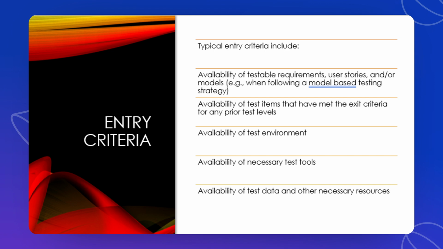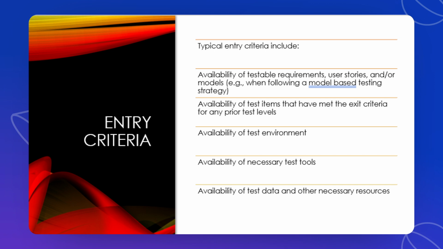When we talk about entry criteria, we know it is written in the user story. In the user story, we write the entry criteria and exit criteria. Typical entry criteria include availability of testable requirements, for example user stories, or models if we are following a model-based testing strategy.